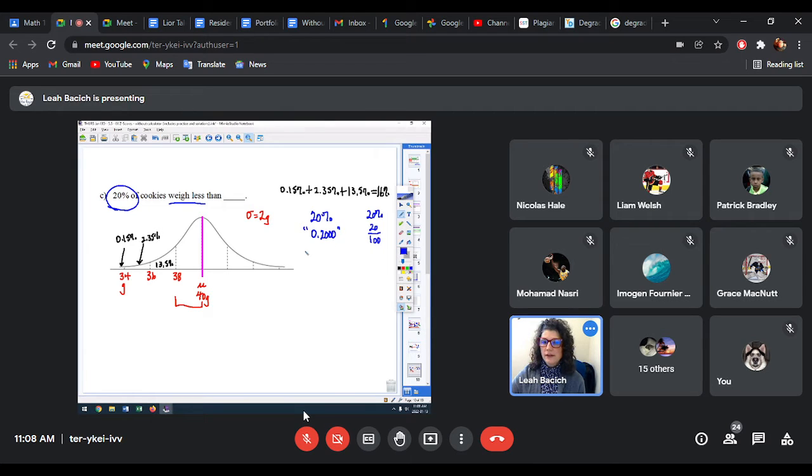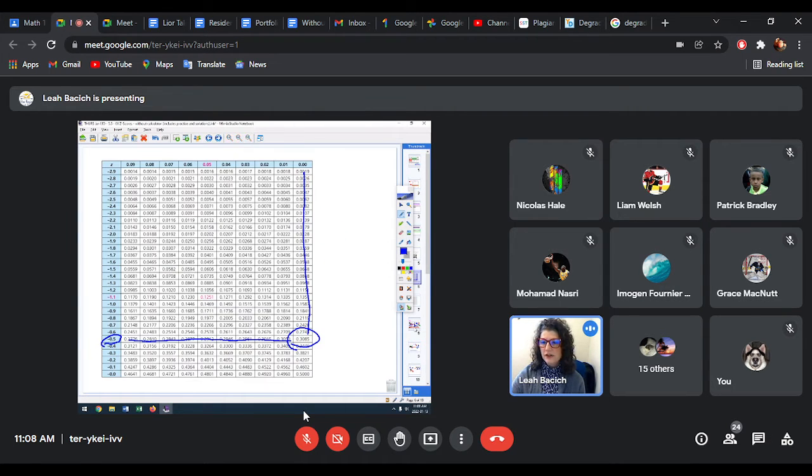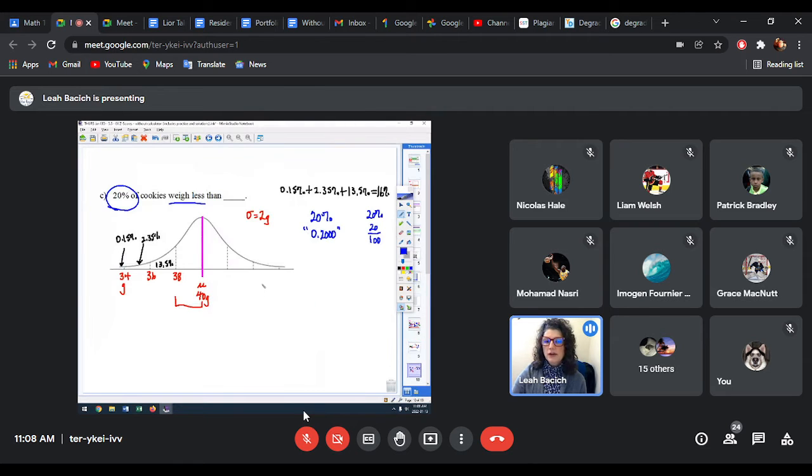Okay, so I want to find that in the table. Well, let's see if I can find it. Oh, first of all, how would I know where to look? 20% is less than half. So I hope we see that we're going to be looking for the Z scores that are negative here. Because if it was more than 50%, it would be on this side.